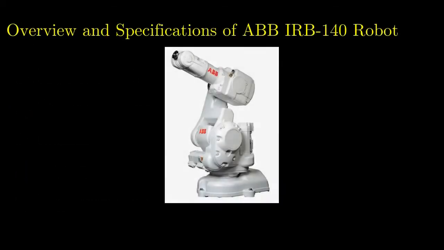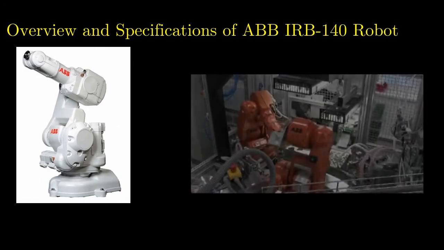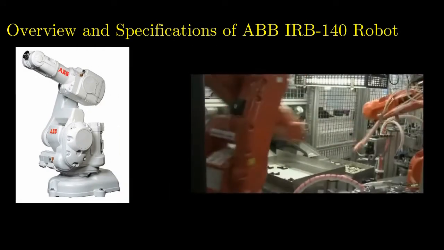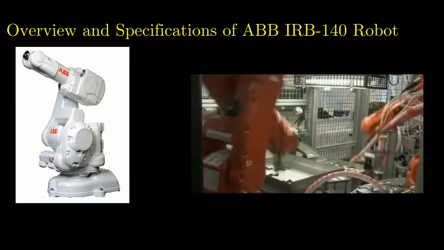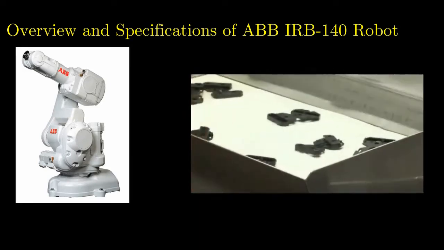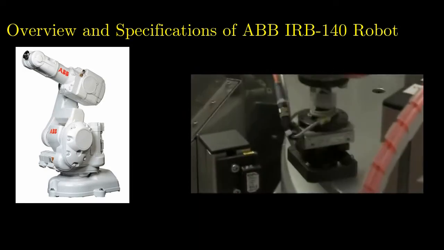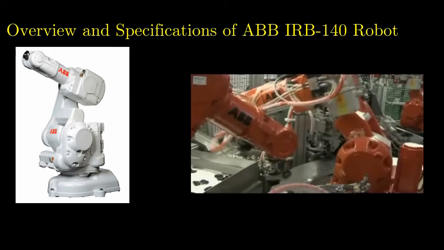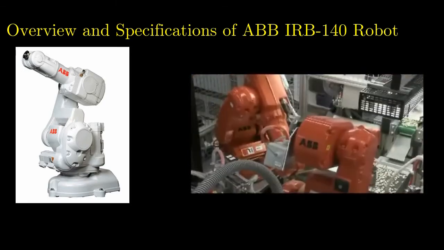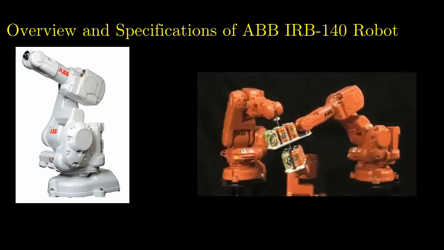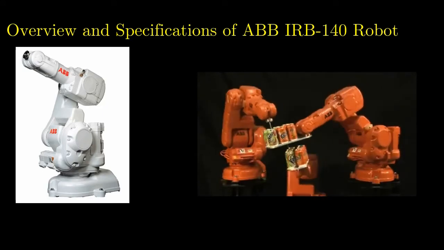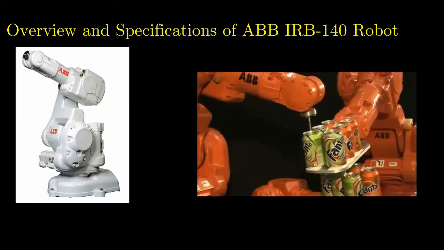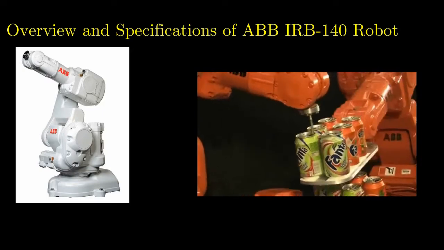The IRB 140 robot of ABB Company is a compact industrial manipulator with 6 degrees of freedom and a robust design, so that it can be mounted on the floor, on a roof in embedded form, or on a wall at any angle, where flexibility, precision and velocity range are demanded in whichever robotic process.